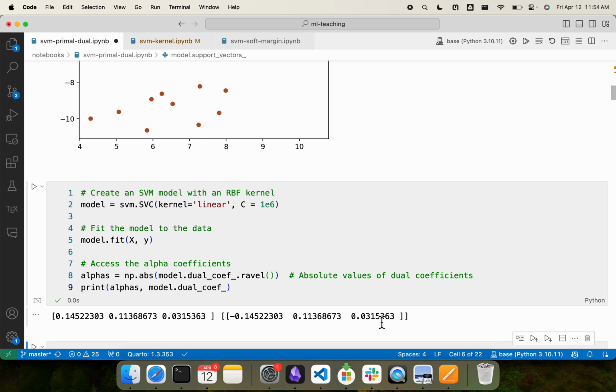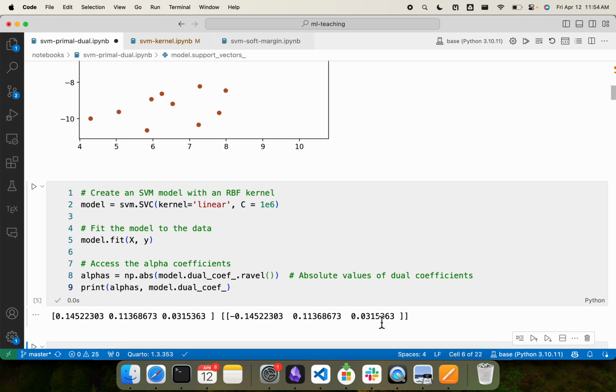But we just said a few minutes back that alpha i has to be, what is the condition for alpha i? Greater than or equal to 0. But here the first alpha is -0.14. So is sklearn's implementation wrong?